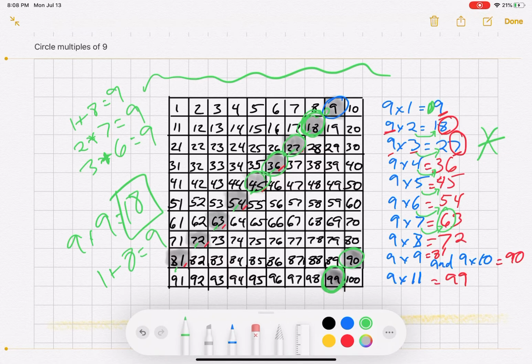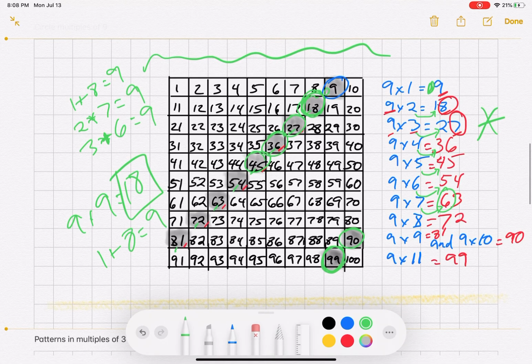I want you to describe the positions on the number chart. This sounds weird, but highlight all of the 3s, go through, and then come back to the video.